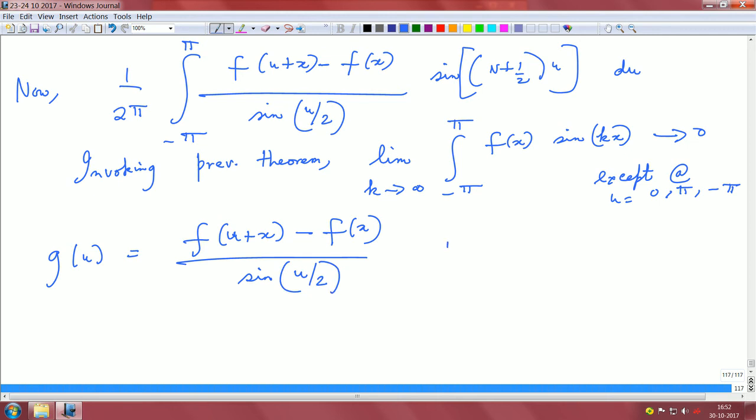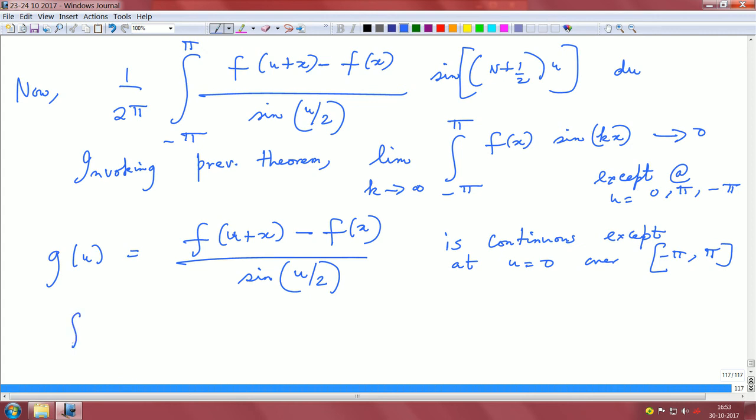So, this function is continuous over minus pi and pi, except at u equals 0, right. When u equals 0, it is in the 0 by 0 form, therefore it is continuous except at this point.